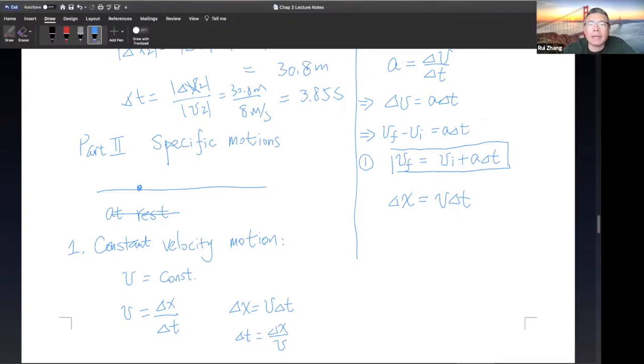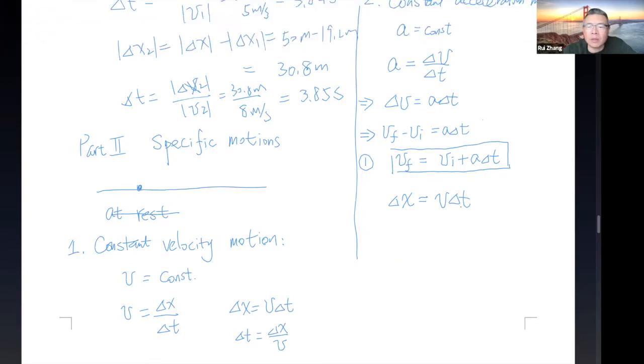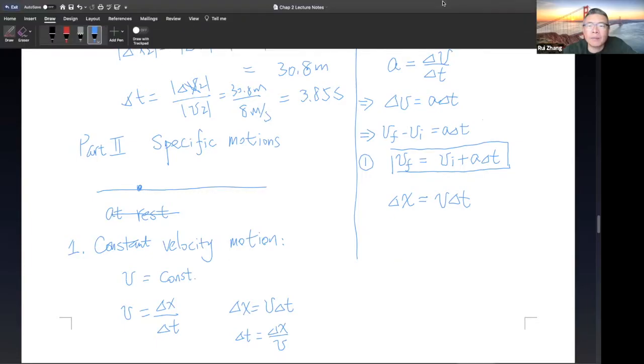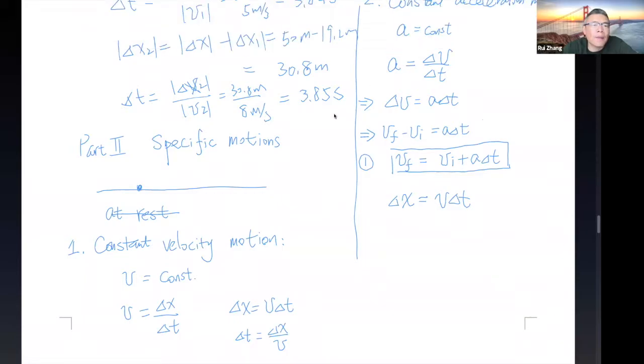Send me a message, either yes or no. Can we use this formula directly to calculate the displacement? Somebody says yes, yes, okay. Now the answer is actually no.